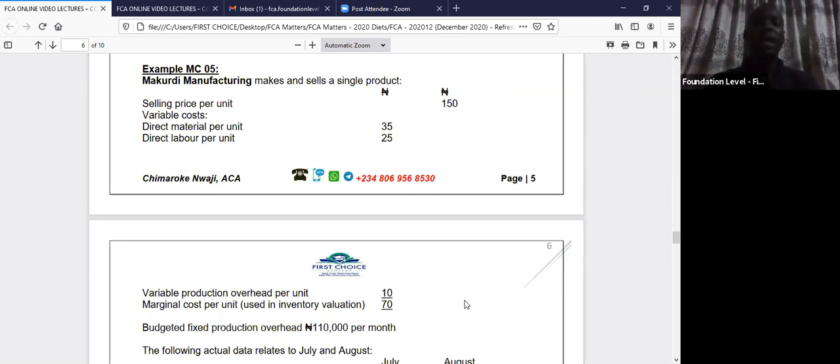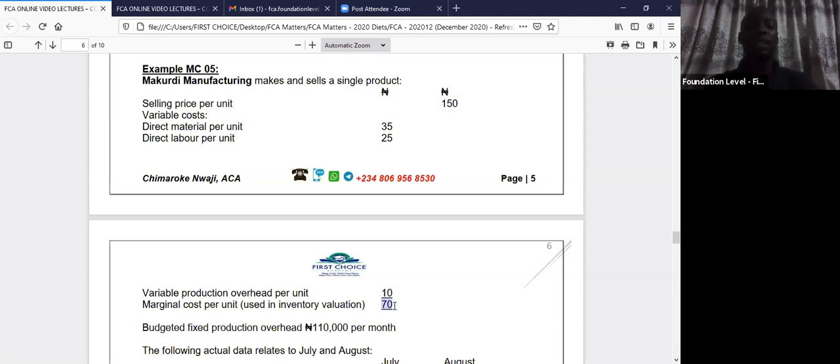Direct material per unit is 35 naira. Direct labor is 25 naira per unit. The figures we have here are per unit. Variable production overhead is 10 naira. Notice here that fixed overhead is not given. So when you add 35 plus 25 plus 10, it gives you 70 naira per unit.